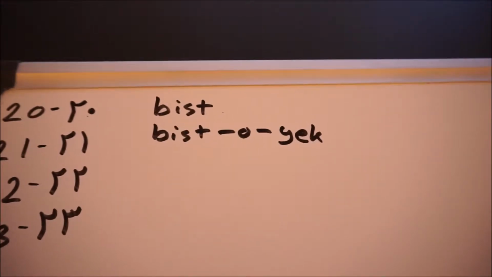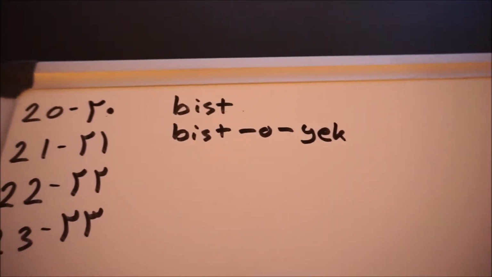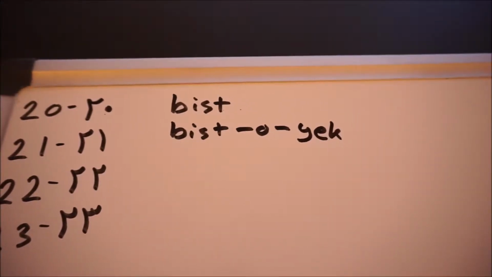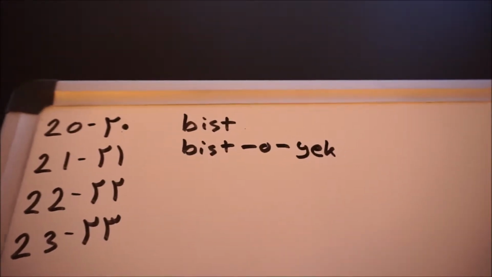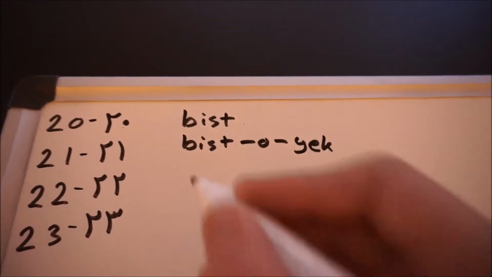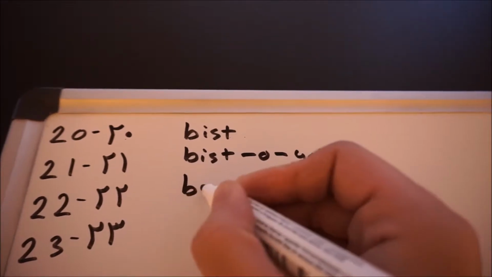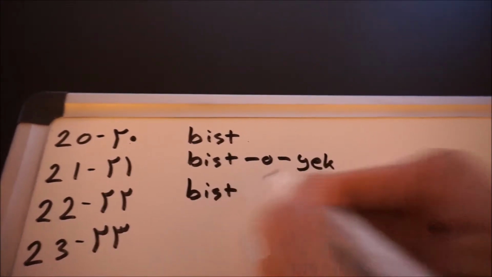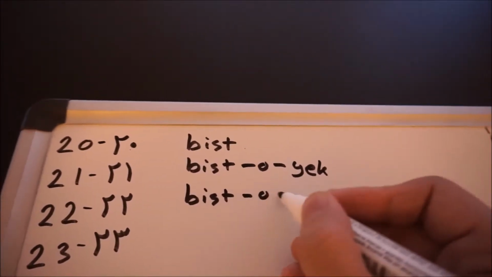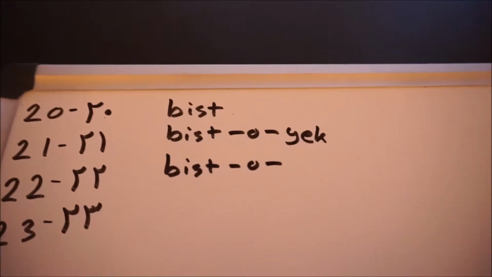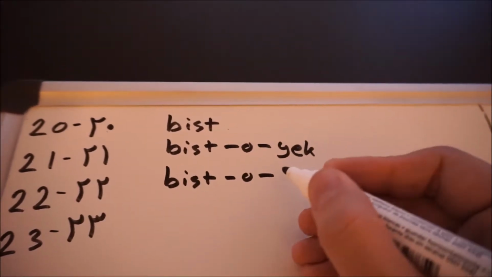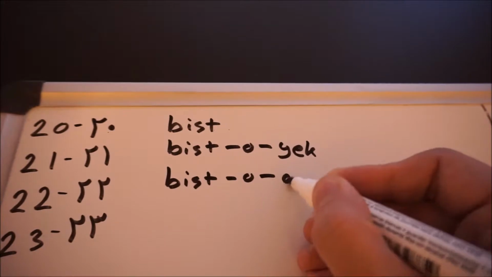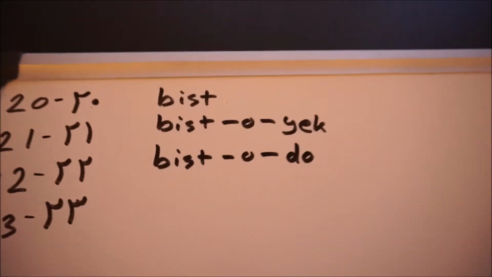And that's it. We've now made the number 21, bist o yek. And from here it is pretty easy to continue onwards. It's always first the tens, so bist, then we add the "and", which is the o sound, and the number from the ones that we want to add. So bist o do is number 22.